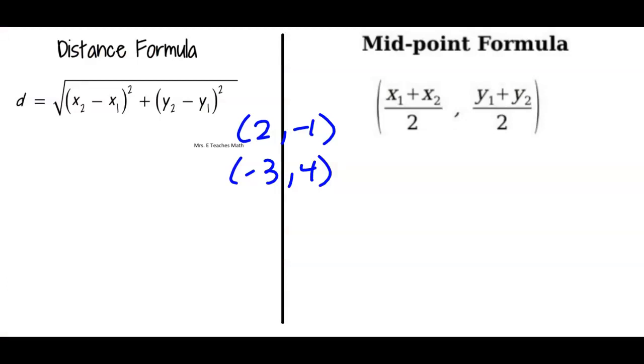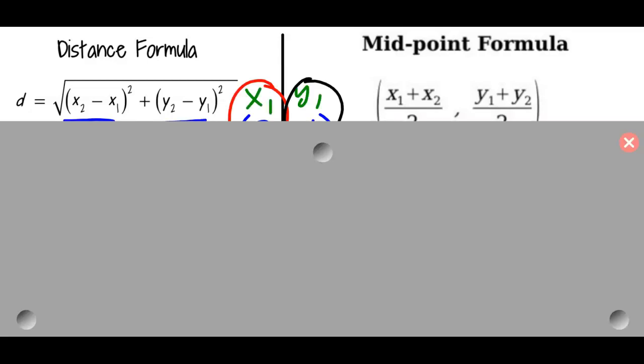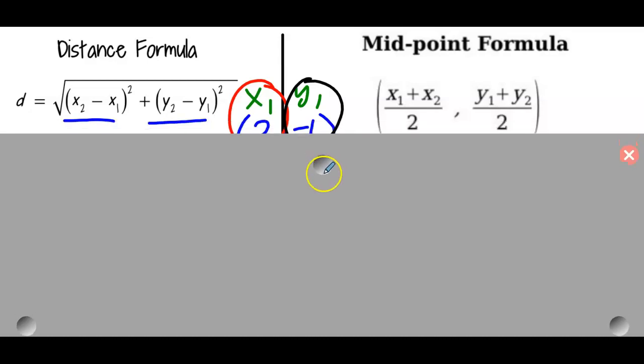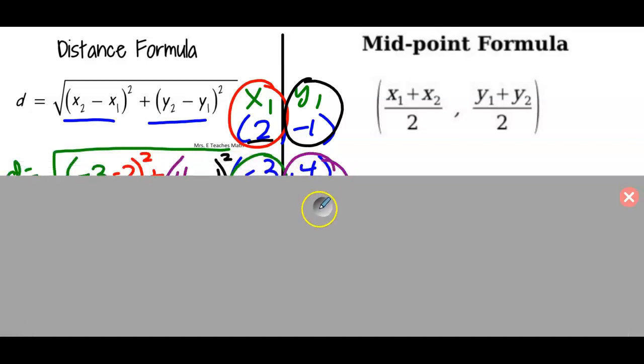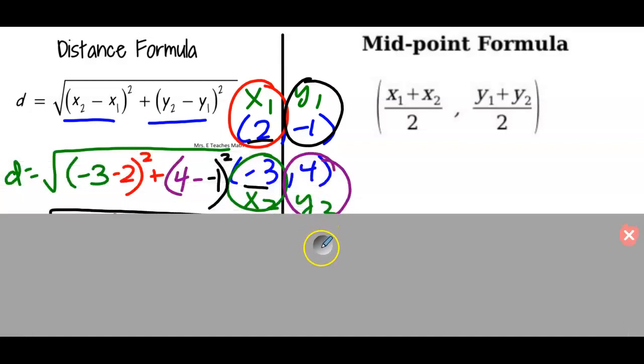So here's our distance formula. Here's our midpoint formula. As we are looking at that, we're going to use these two values. So let's look at distance really quickly first. Remember that first point is our x1, y1, and the second point is our x2, y2. So we put those into the appropriate spots.